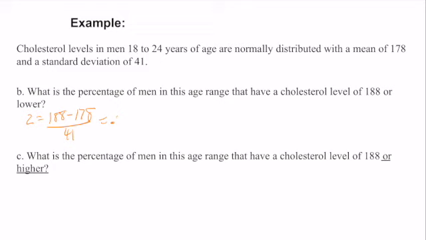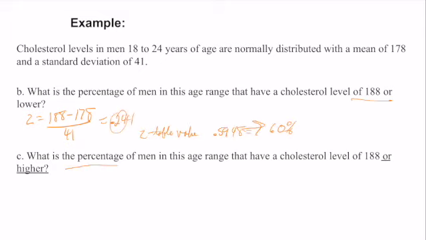So we go to 0.24, and I find a z-table value of 0.5948. So I'm going to go ahead and say that 60%, let's round up, 60% of men have a cholesterol level of 188 or lower.